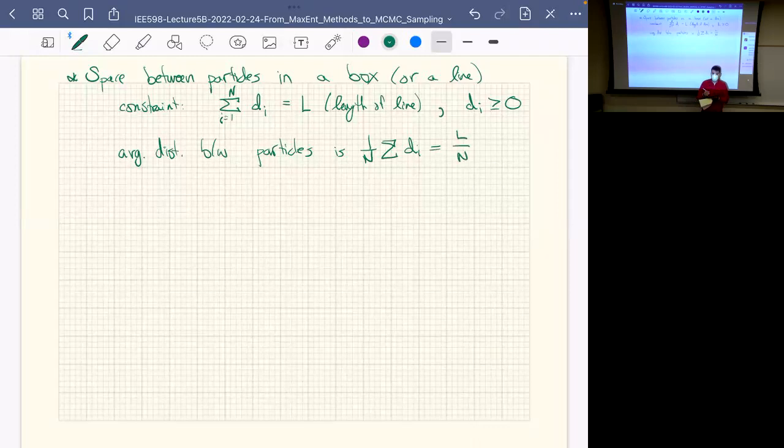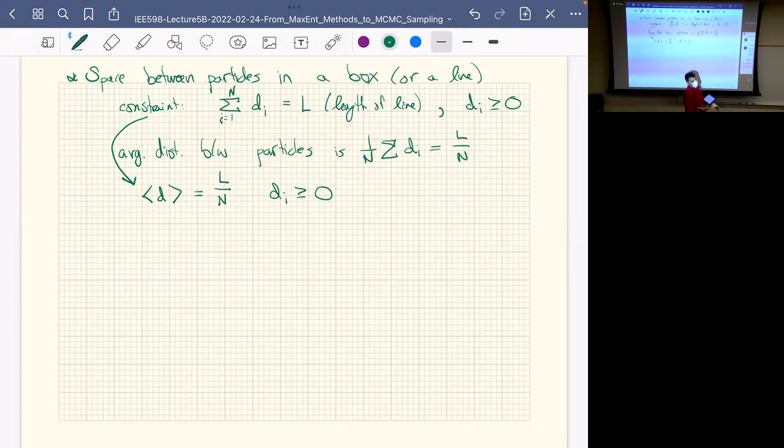So that's really my constraint. My constraint here is that the average distance is equal to L divided by n. And I also know that each distance, because it's a distance, is greater than or equal to 0. So those are my two constraints for this problem.